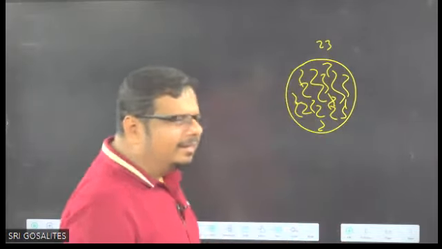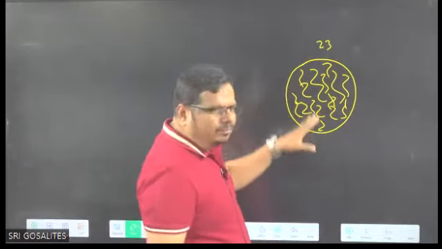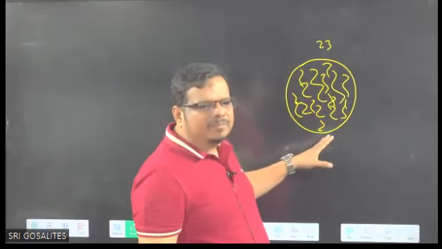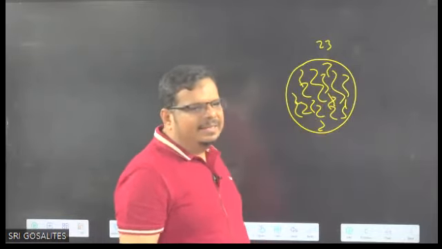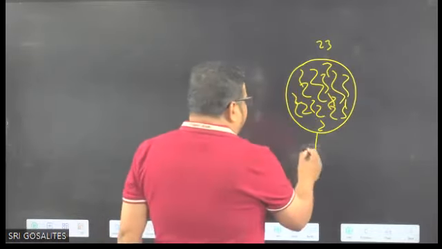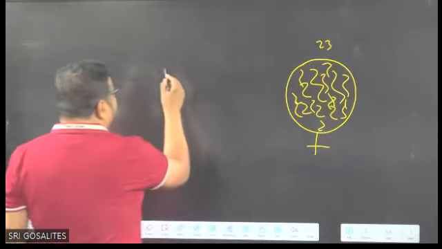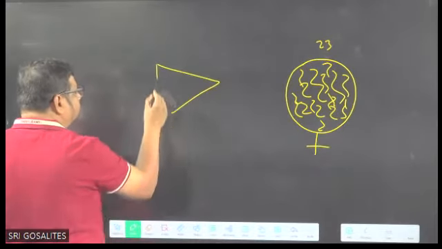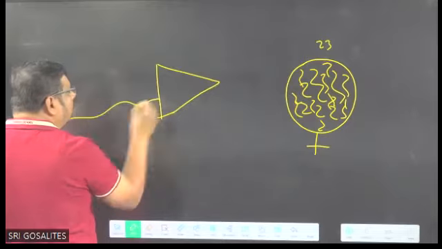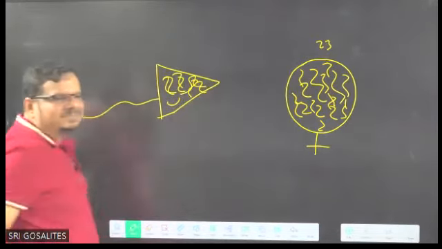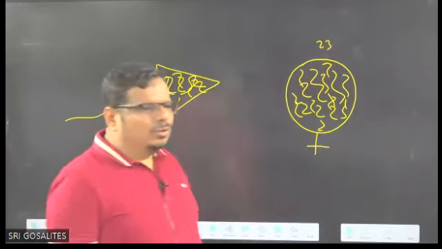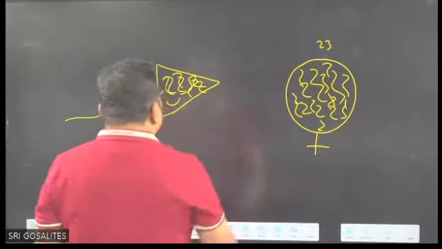So assume 23 chromosomes are present in which one? 23 chromosomes present in an egg. And here it is a sperm. These sperm also have how many chromosomes? 23 chromosomes. So 23 chromosomes are called one set.